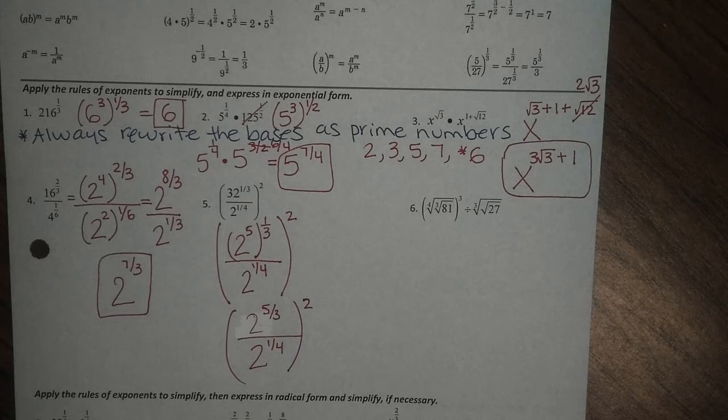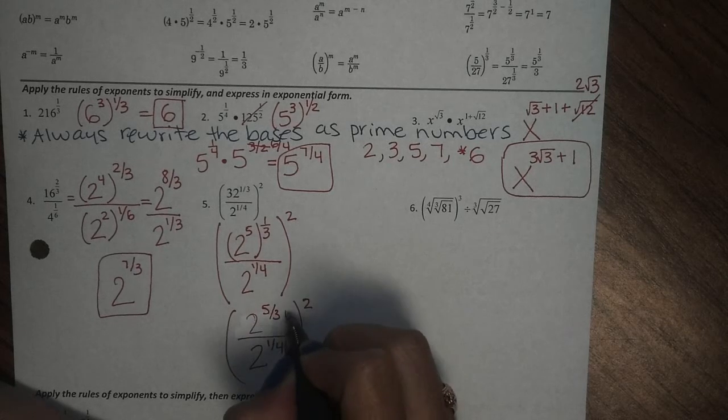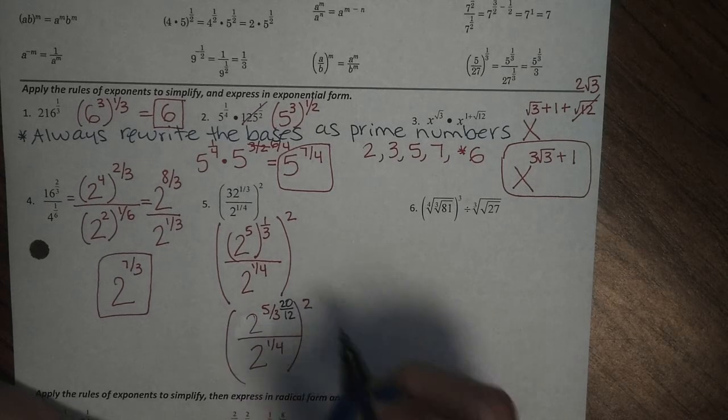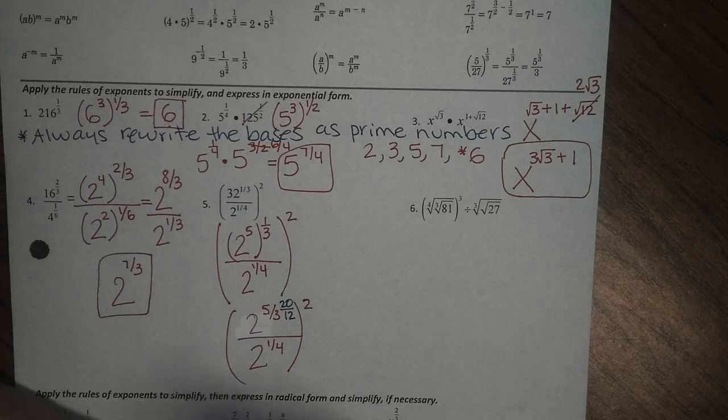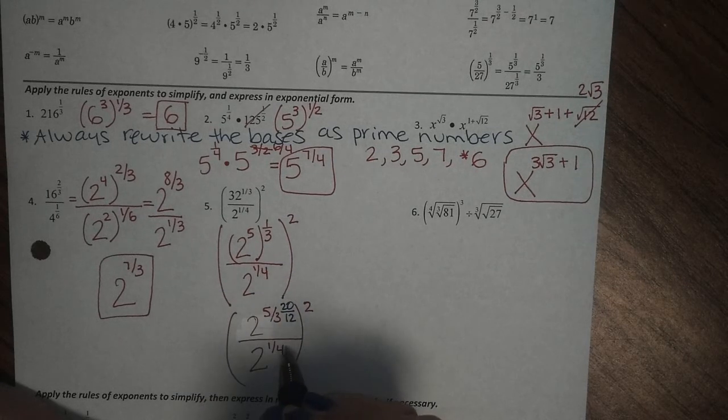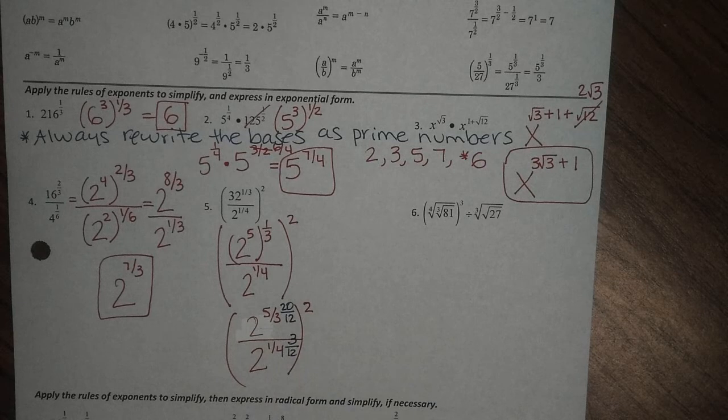If you forgot how to do fractions, we might have to review the fractions, but we need a common denominator. So probably 12. So 20 12ths. 4 times 3 is 12. And 3 12ths. So now I can subtract 20 12ths minus 3 12ths and get 17 12ths.